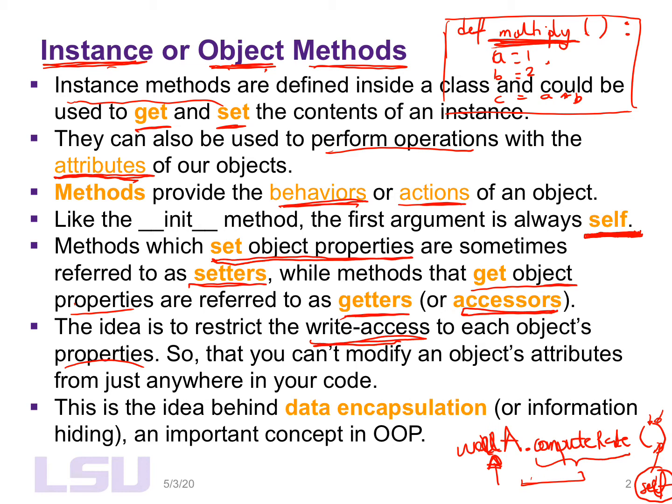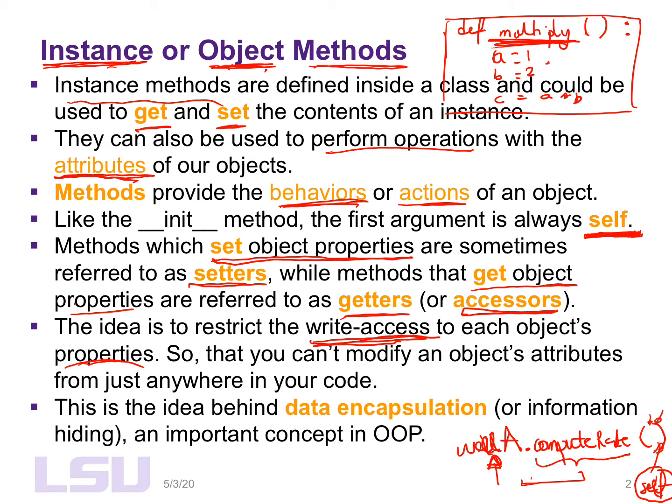In other programming languages, you have private variables, and that means the only object that can modify those attributes is the current object. And that means you can't accidentally modify the content of an object from a random function or from some other part of the code. You will have to go through the object's setter to modify the content, which is what write access means, being able to write to the attributes of an object.